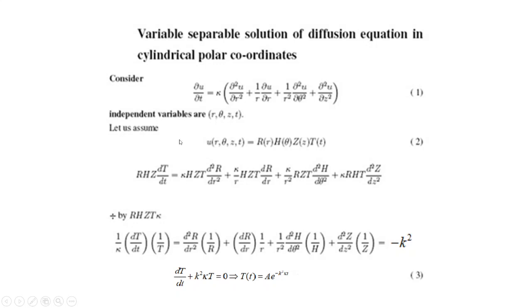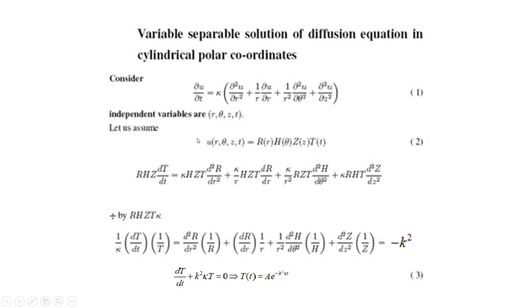Here you can see that the partial derivatives are replaced by ordinary derivatives. When we are differentiating u with respect to t, the functions of r, theta and z become constants. Similarly, when you are differentiating u with respect to r, the functions of t, theta and z become constants, and so on. Using that concept, this equation is written.